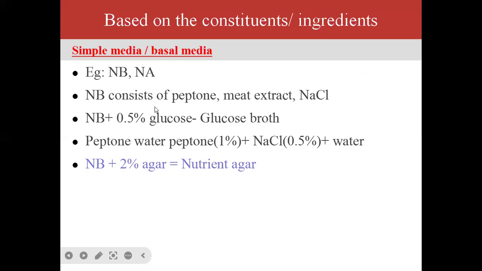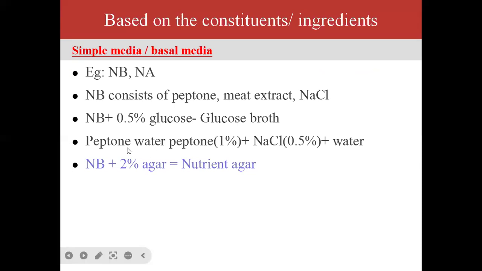Nutrient broth consists of peptone and meat extract and sodium chloride. And to this nutrient broth, if we add 0.5% of glucose, it is called glucose broth.